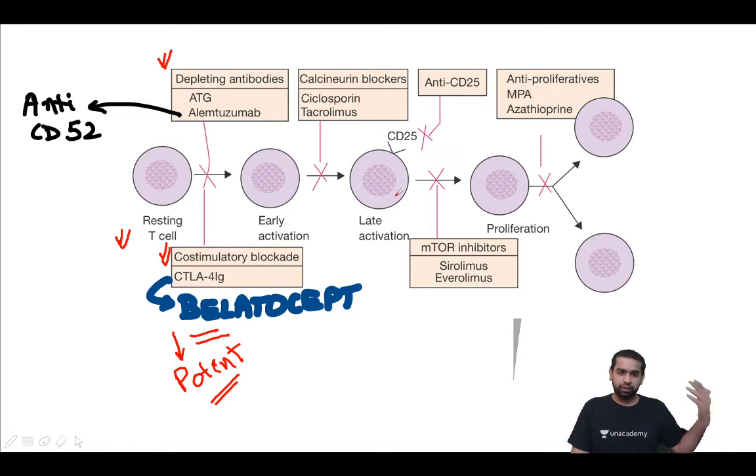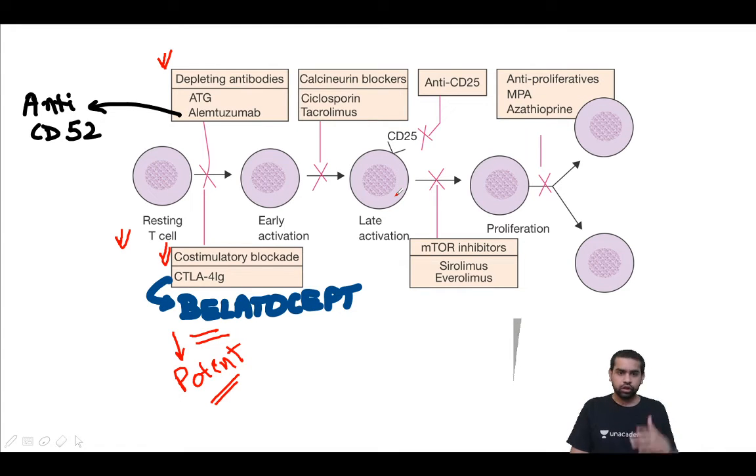So yes, they will prevent transplant rejection, but at the same time they will cause more immunosuppression, they will cause more risk of malignancies, and they will cause more susceptibility to infections. So these are also the side effects of the drugs which are acting ahead, in the first part of this maturation phase.